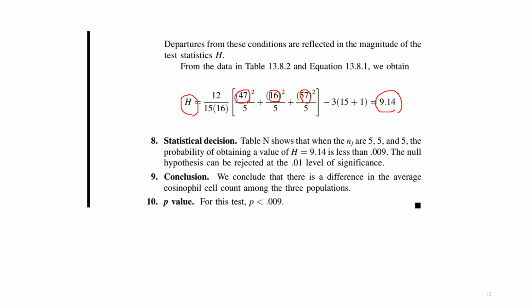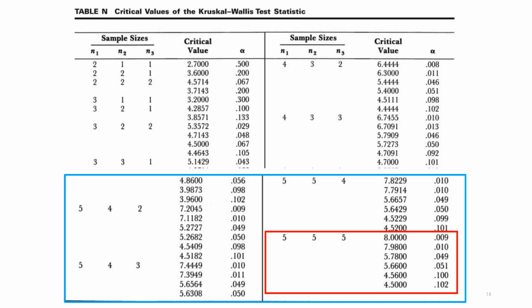Then for the decision, we have to go to table N. The sample sizes are 5, 5, 5 for 3 groups, and we calculated an H value of 9.14. What would be the probability value for this H? The rejection level is alpha of 1%. Now let's look at table N. This is the sample size: N1, N2, N3.